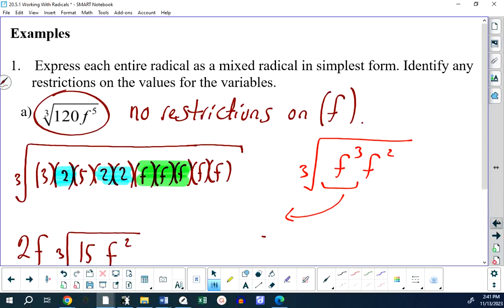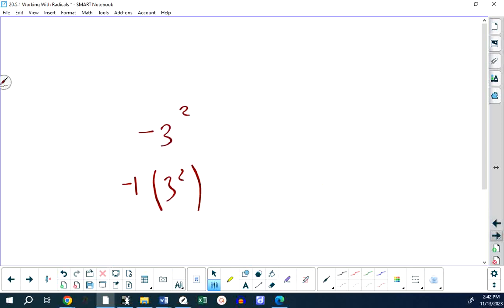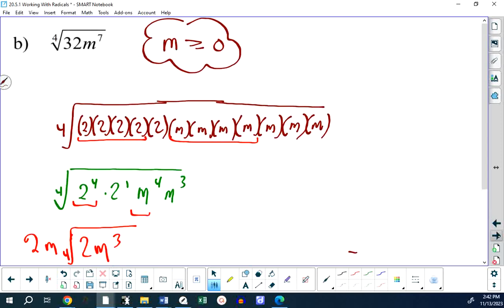So anytime you have an odd, it's called an index. You learned that word in Math 10. Anytime you have an odd index of a radical, there are no restrictions on the variables in these types of questions. I say that because things can change later. Okay? So there's no restrictions there. Are there restrictions here? Yes.